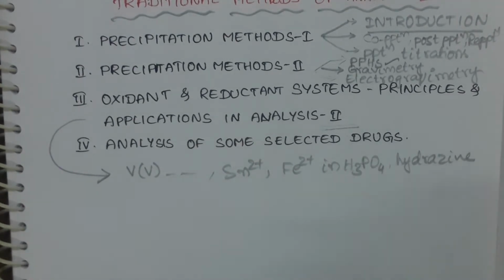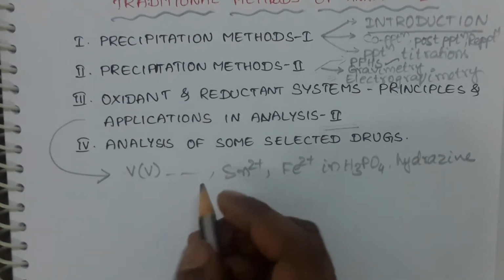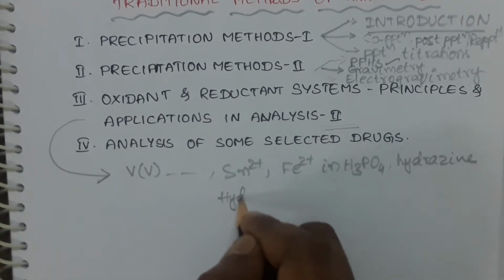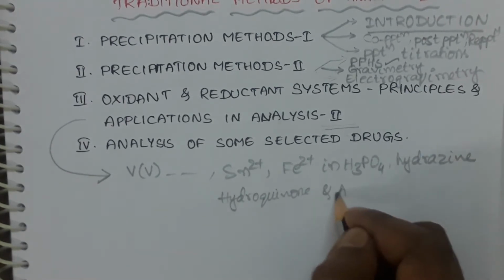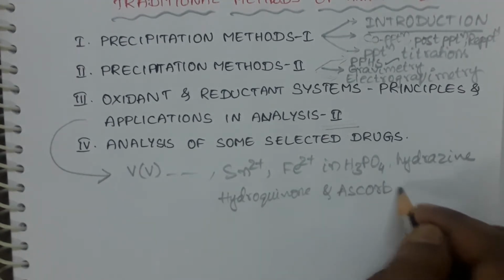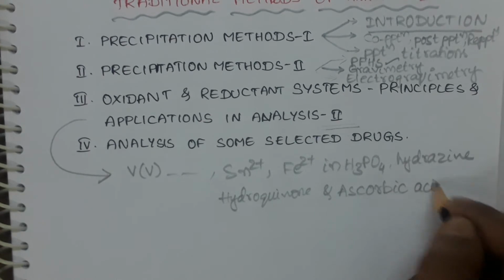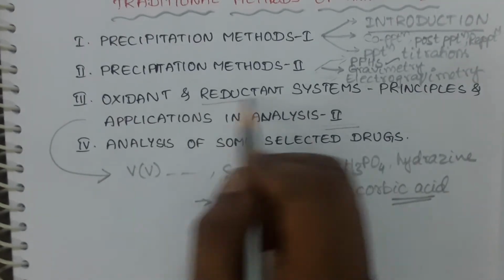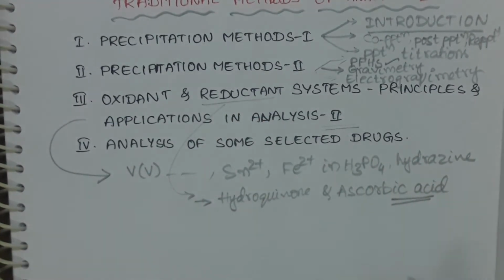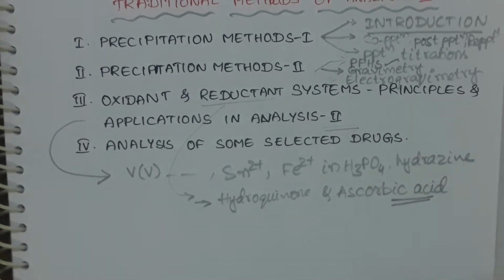Next, some organic reductant systems are also there, like hydroquinone and ascorbic acid. Ascorbic acid is the chemical name of vitamin C. In third semester we discussed organic oxidant systems. Here we are going to discuss organic reductant systems, taking hydroquinone and ascorbic acid.